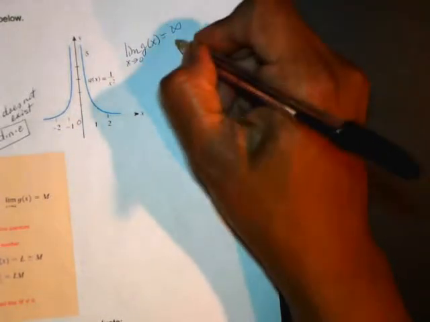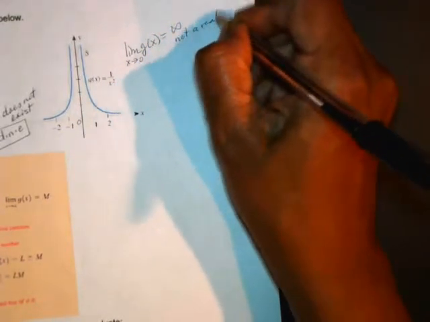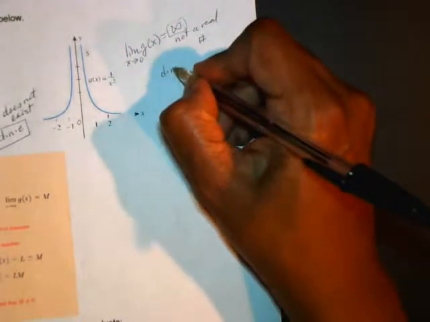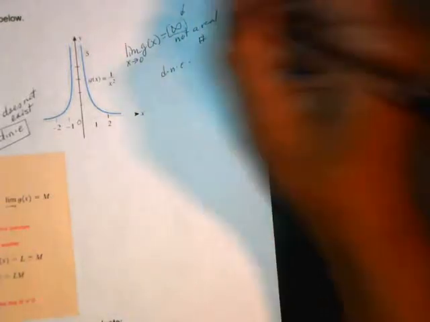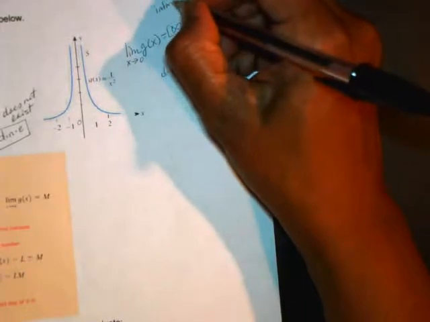Now infinity is not a real number. So we either say it's infinity or we say it does not exist. On WebAssign, infinity does show up on the left side on the math palette, or you can just type in the word infinity. WebAssign is smart, it'll accept it, or DNE will work just as well.